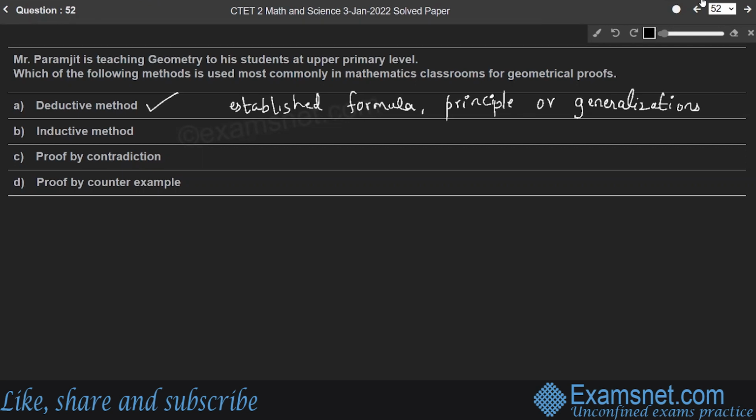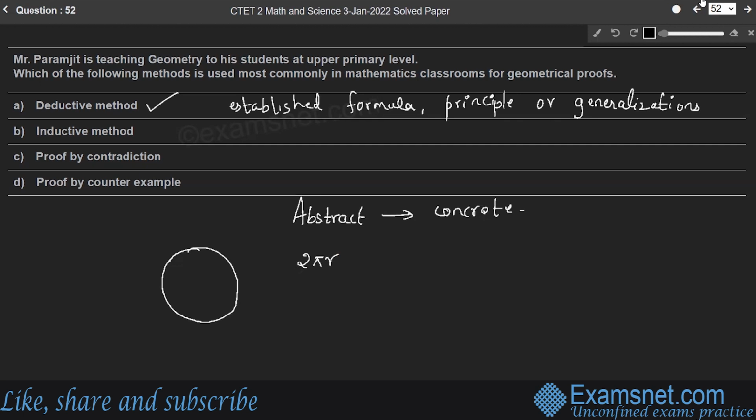The students proceed from general to particular, from abstract to concrete. In other words, the facts are deduced or analyzed by the application of the established formula. So hence the formula is accepted by the student as a duly fact. For example, while finding the perimeter of a ground, circular ground, the teacher uses already accepted formula, that is 2 pi r.